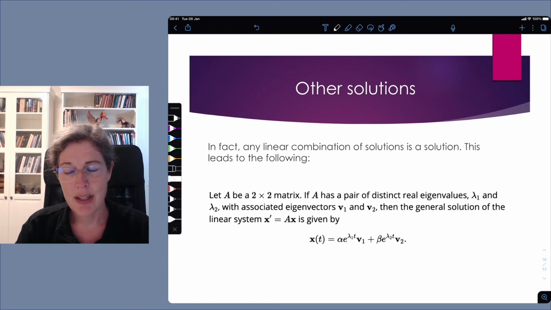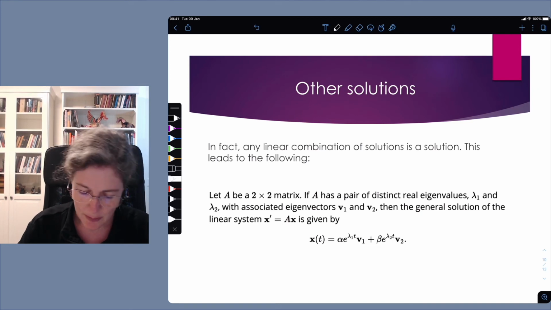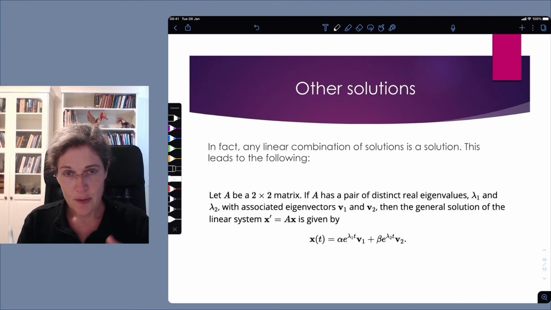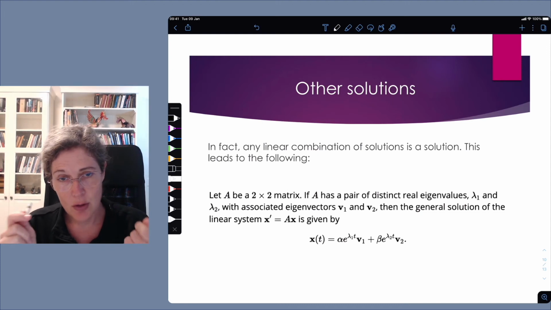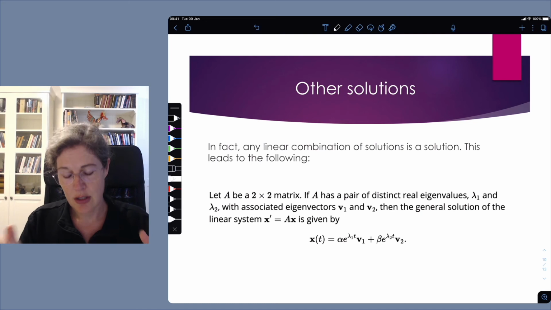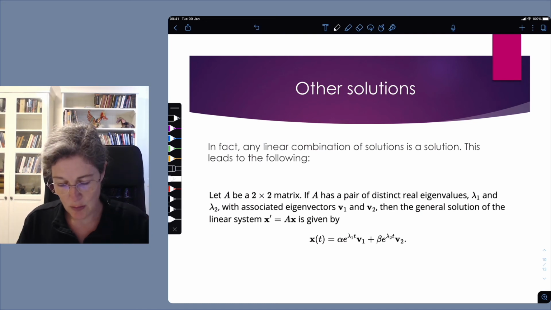So you might be thinking, okay, can I just use any old eigenvalues? We're not going to show it here, but in fact, you can show, and it's quite straightforward, and I will probably put it into the tutorial as a challenge question, that if you have a 2x2 matrix and you have two distinct real eigenvalues, so we'll deal with the not distinct case in a little bit, then you can construct what's called the most general solution by taking the solutions you get from each of those.